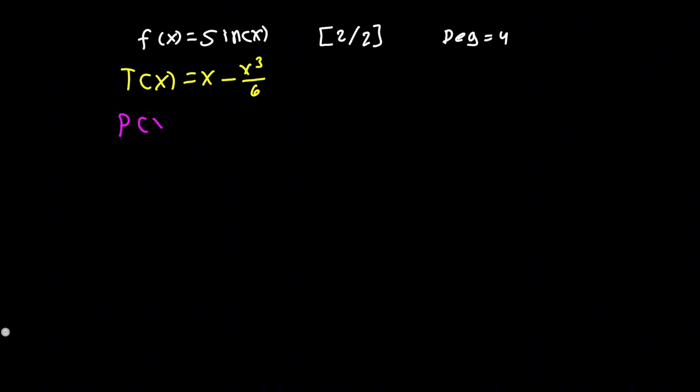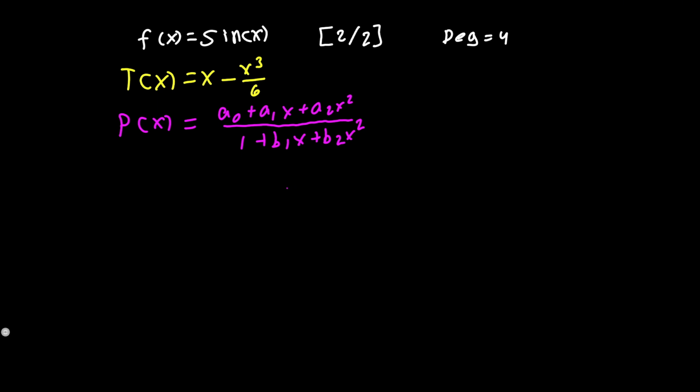And our Pade approximation will basically be a0 plus a1x plus a2x squared over 1 plus b1x plus b2x squared.